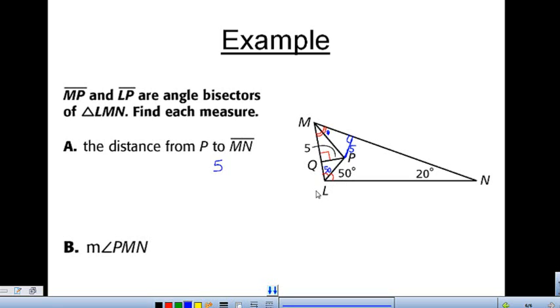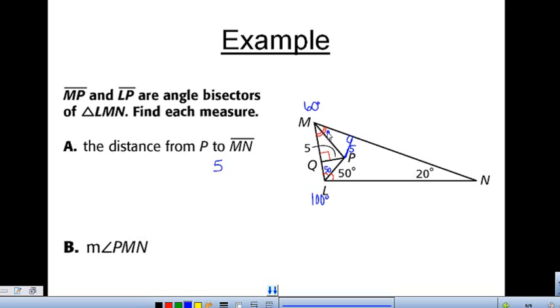So this whole angle here should measure 100 degrees. Okay, so I have one more angle to figure out. And if you remember, all 3 angles in a triangle should add up to be 180 degrees. Right now, I'm up to 120 degrees. So that means that this last angle, the whole angle, has to measure 60 degrees. That way they all add up to be 180.